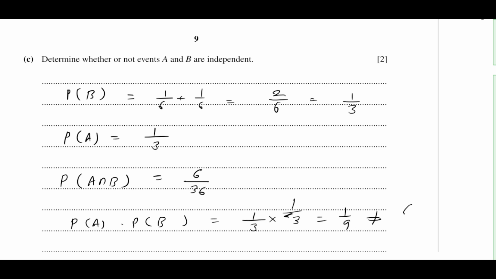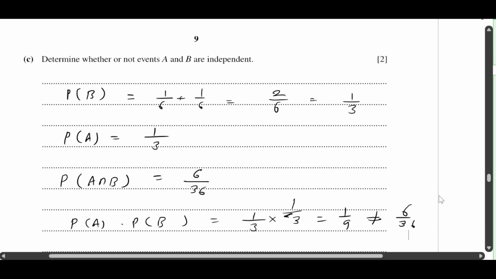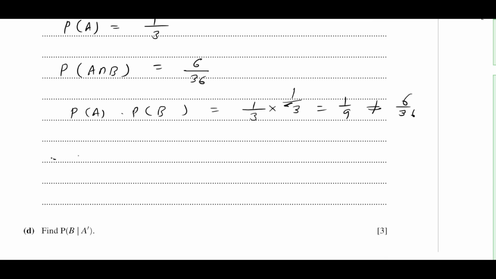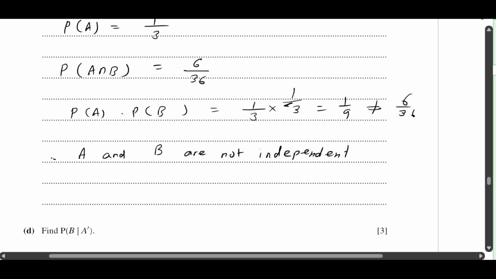And this is not equal to 6 divided by 36. So A and B are not independent. Therefore, I will say that A and B are not independent. If A and B were independent, then it would be okay, but here A and B are not independent.